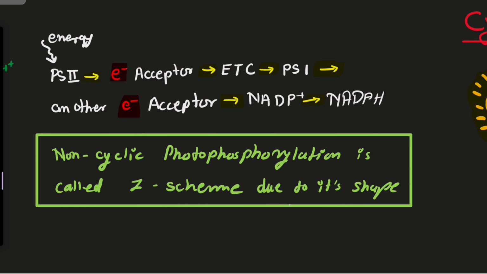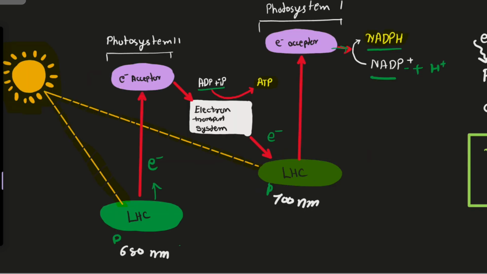The non-cyclic photophosphorylation is called the Z scheme due to its shape. If we see, here is the uphill movement of the electron, then it goes down to PS1, then again the electron goes uphill to the primary acceptor. So this movement of electrons seems to be like a Z shape.